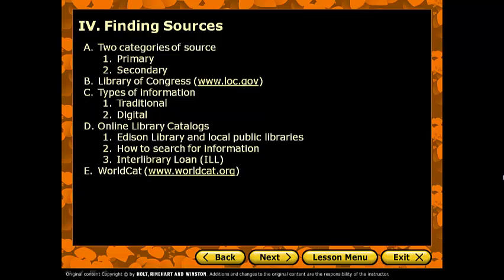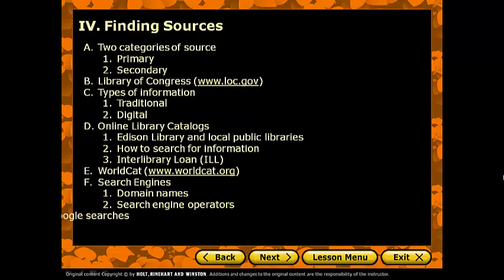Remember, in Edison we use the Quest Destiny, and then you have the interlibrary loan that will be available to you as well if you have books at Fountain Valley or Ocean View or other schools in the district. We talked about WorldCat, which you probably will not use but should be aware of, where you can search 10 million different libraries. We talked about different search engines, domain names, search engine operators, and advanced Google searches.